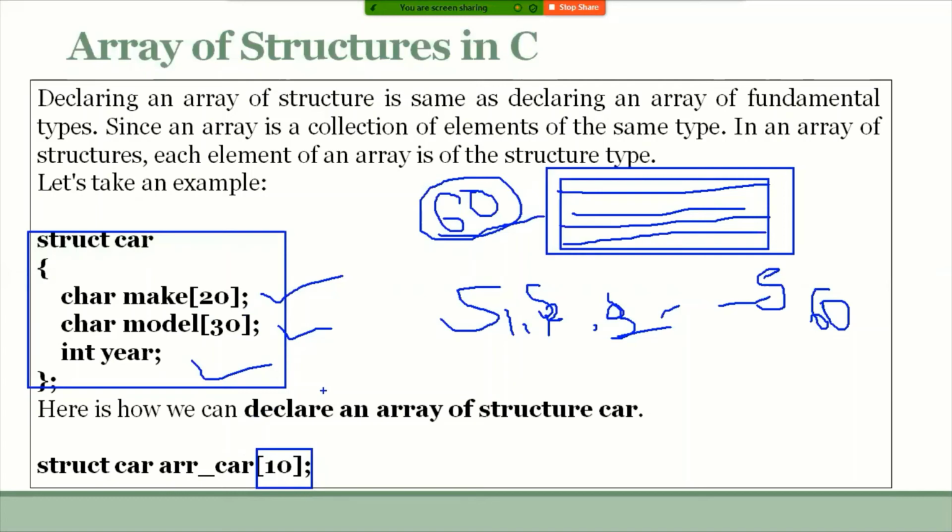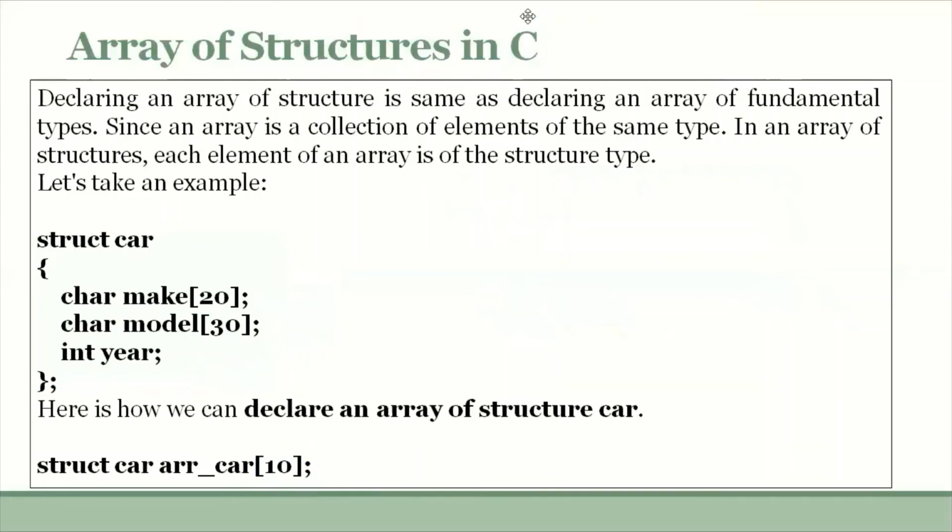In that particular case, how many structure variables need to be created? We would have to declare 10 different ones. Instead of declaring 10 structure variables, I can declare an array variable like this, that is, array underscore car of 10.